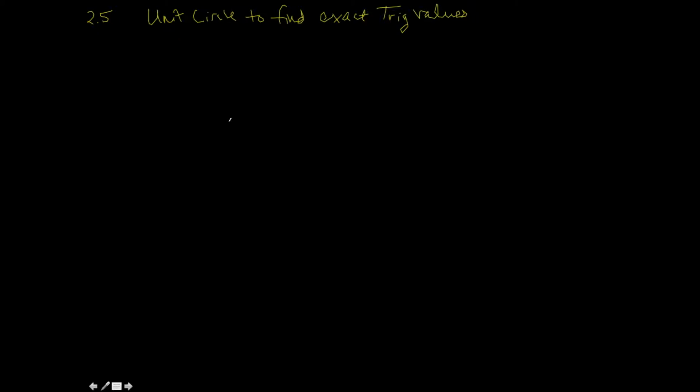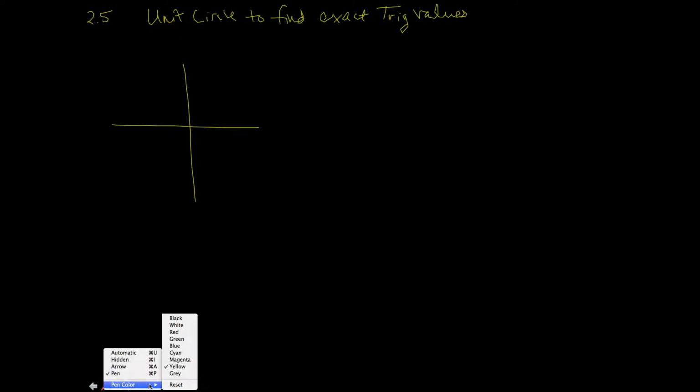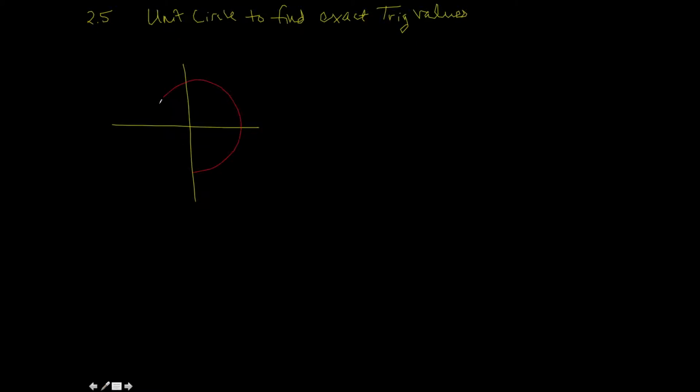Now, we talked last time about the unit circle, and we said that with the unit circle we had a circle drawn on our graph like so. What made this special is that the radius of the unit circle was 1. Excuse my poor drawing, but the radius of the circle is 1.